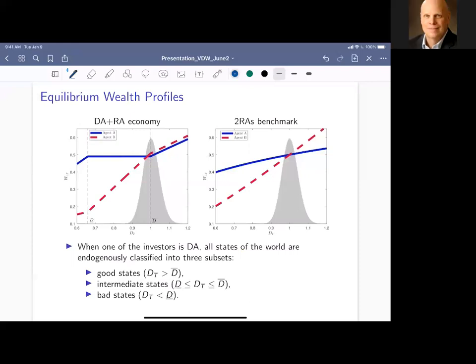Okay? So another question is from Dima, but I'll rephrase it, right? So the RA agent is selling the options here, right? Yep. And I haven't shown you this yet. What I need for these pictures is for the market to be complete. I don't really need to specify what it needs to be completed with.